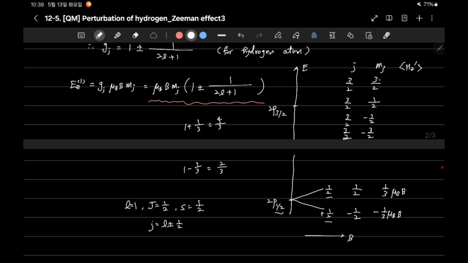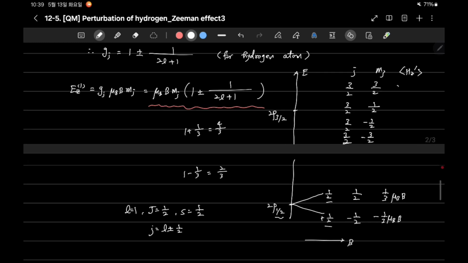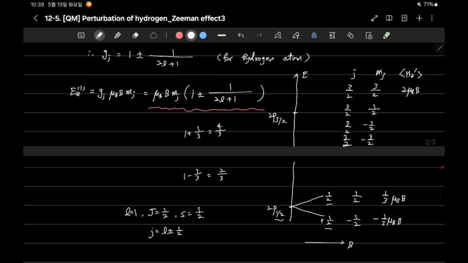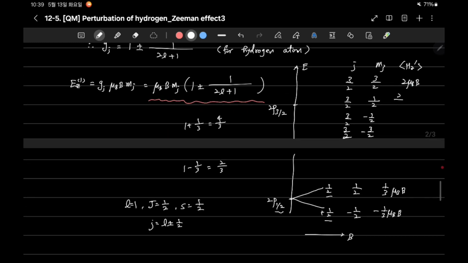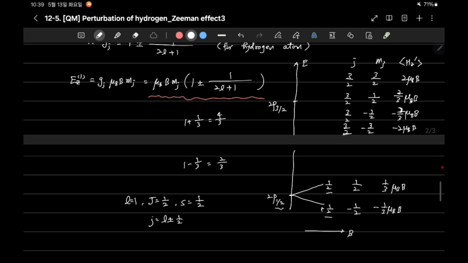So for m_J equal to 3/2, it is 2 μ_B. For m_J equal to 1/2, it is 2/3 μ_B. For m_J equal to minus 1/2, it is minus 2/3 μ_B, and for m_J equal to minus 3/2, it is minus 2 μ_B. Okay, so there are 4 energy levels like this. It is the 2p energy level.